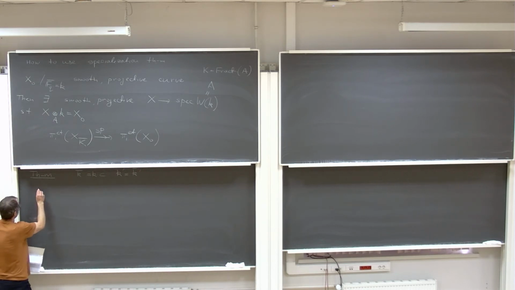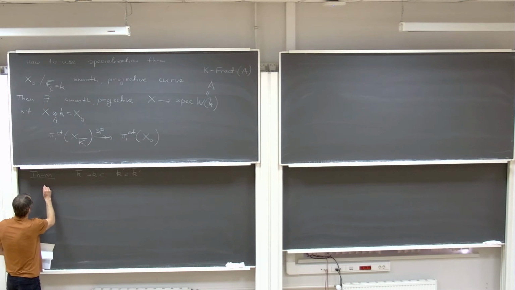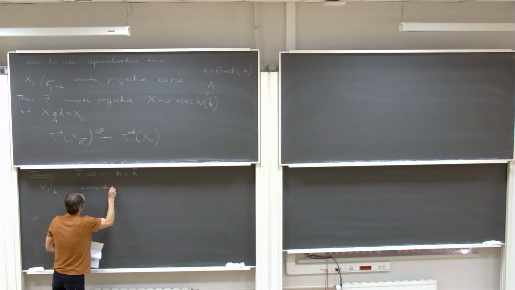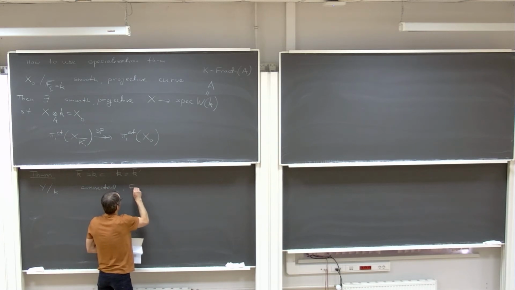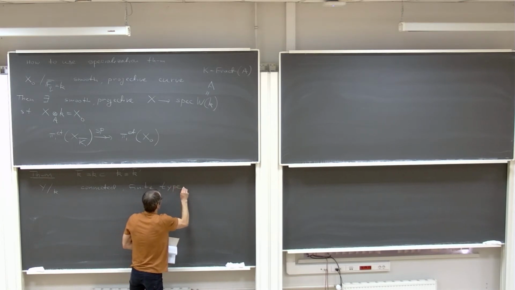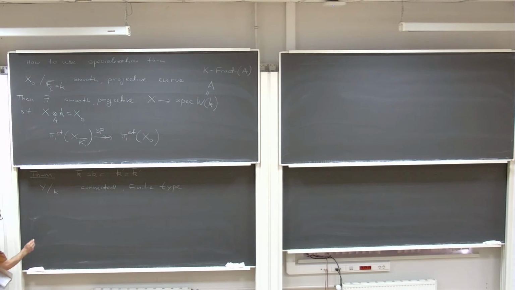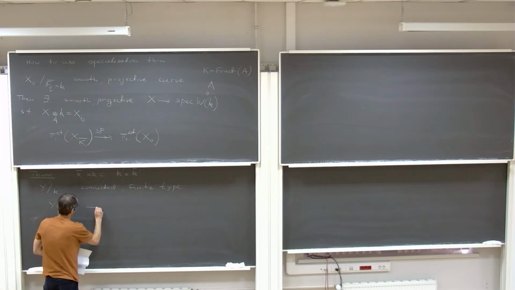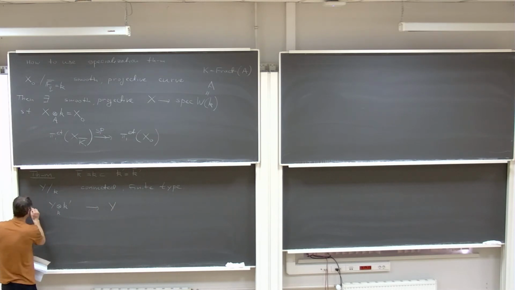And suppose I have some connected scheme Y of finite type. Then we can make the base change to K bar over k. This maps to Y, and I can look at the corresponding map on the étale fundamental groups.